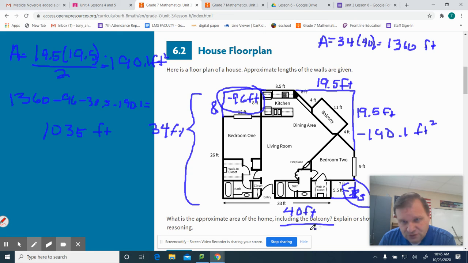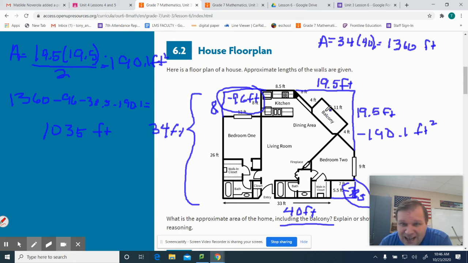But here's the thing. It says we want to include the balcony. So that means now, since this balcony is kind of in this triangle, I've got to put the balcony back in. And remember, this is approximate. So yeah, I know that this is kind of strange right in here. And I also see that we have an entryway, but we're not going to worry about that because it's not really important to our estimation. But I can see that this balcony is about 4 by 11 feet.